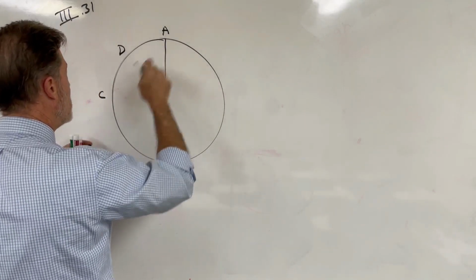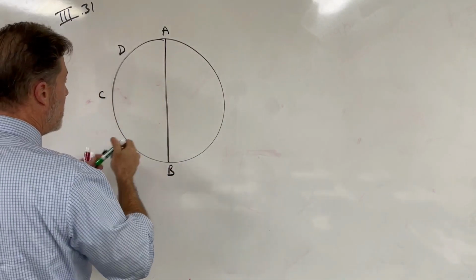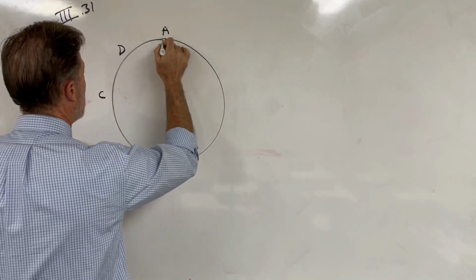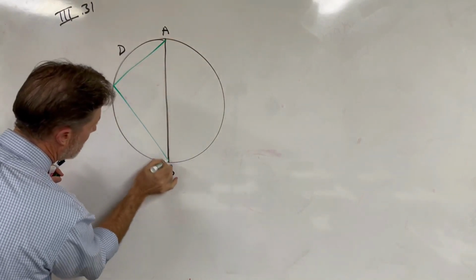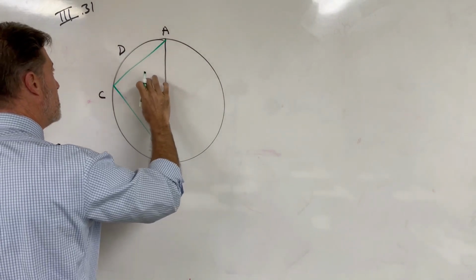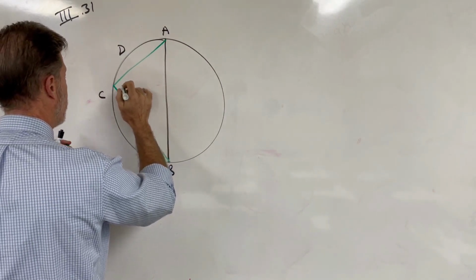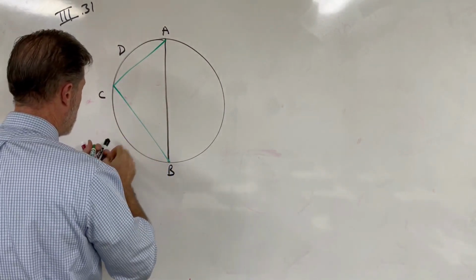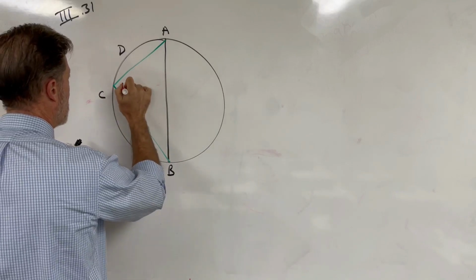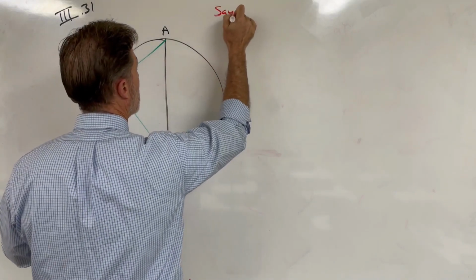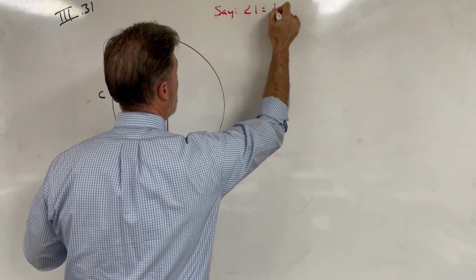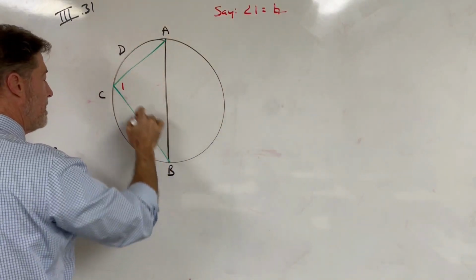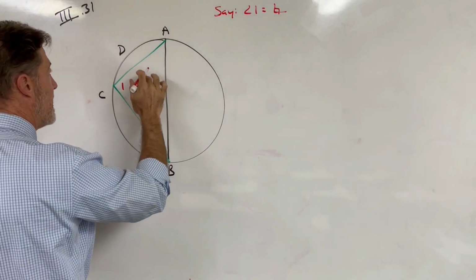What we're going to show is that if we take an angle in the semicircle, this is going to be a right angle. Let me call this angle here angle 1, the angle in a semicircle, and it's going to be a right angle.